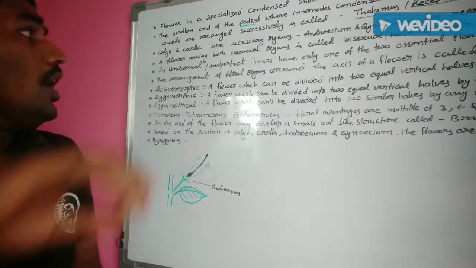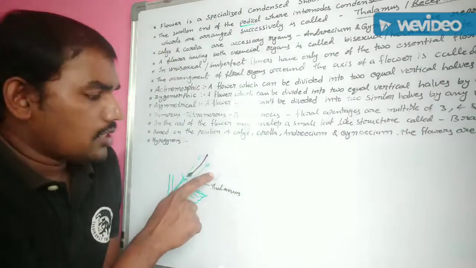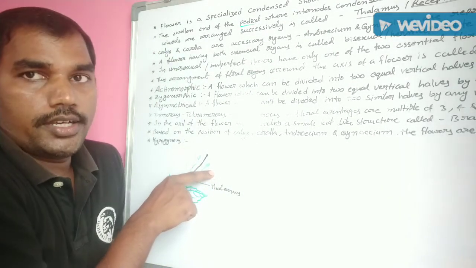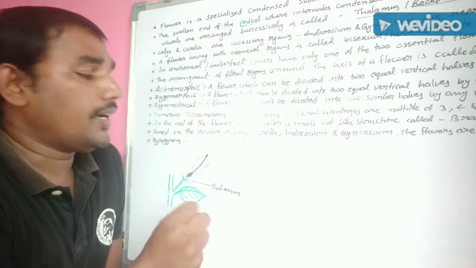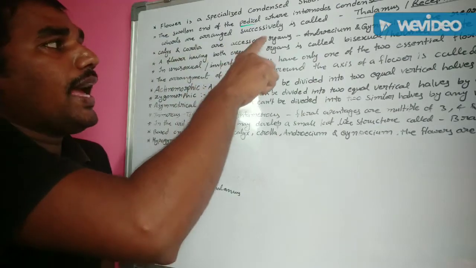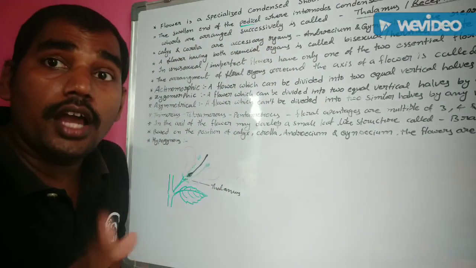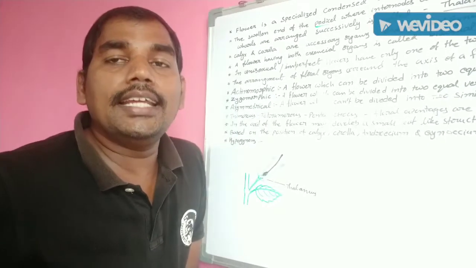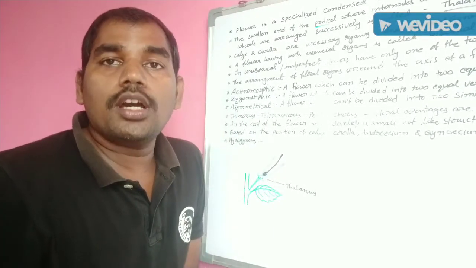Okay. So calyx and corolla: the green colored protective part and the bright colored insect-attracting floral part are both called accessory organs, non-essential organs. These are not involved directly in sexual reproduction.